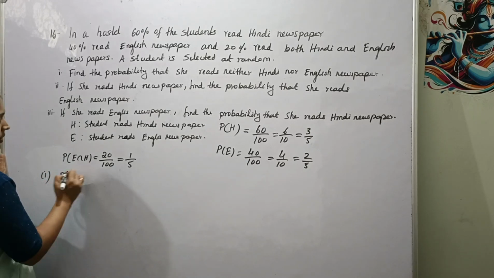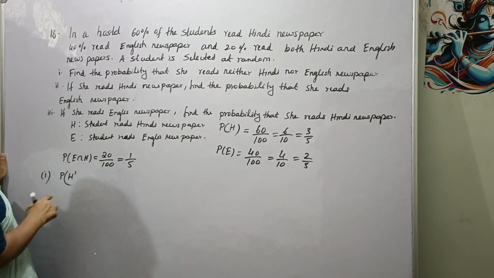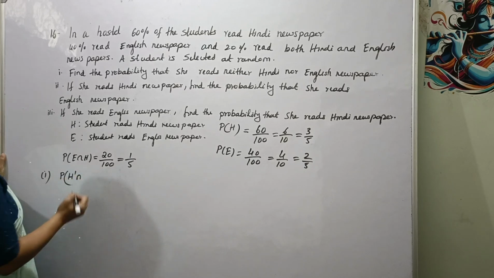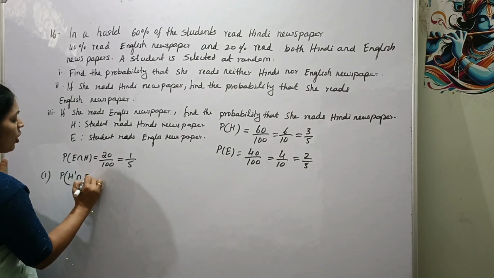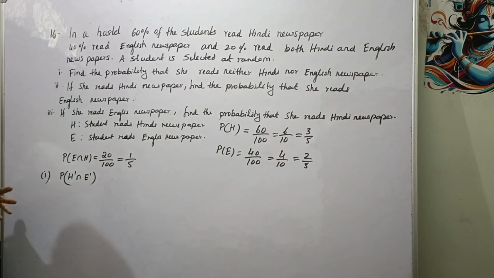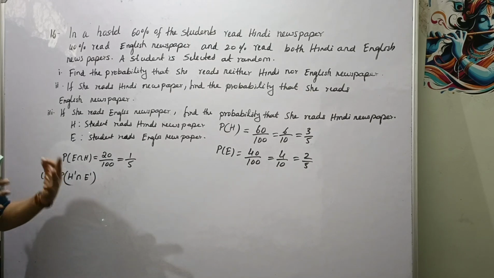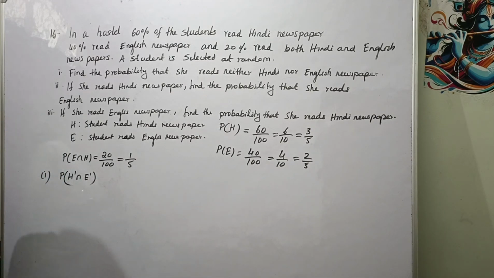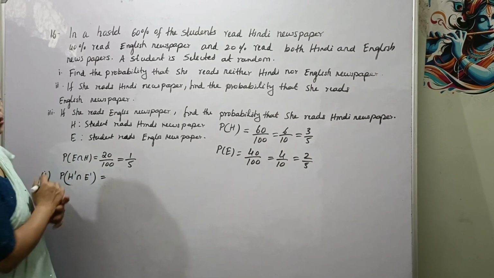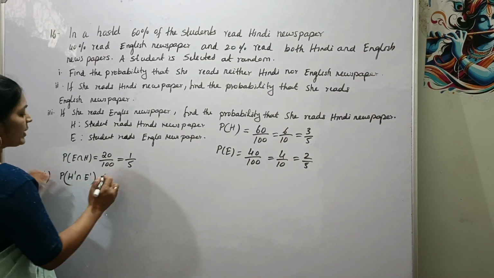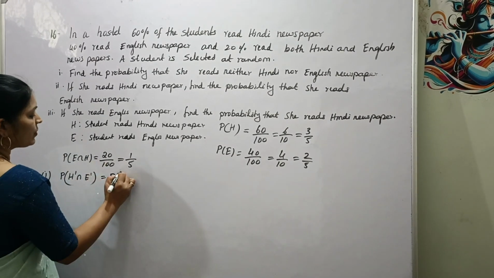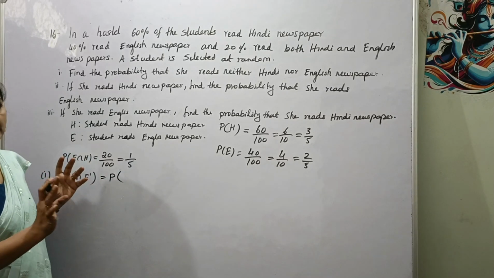So Hindi, not Hindi. Okay, H complement intersection E complement, right? Or you can write probability of H complement E complement. That is nothing but H complement intersection E complement. Okay. So here, it is not independent events, okay.